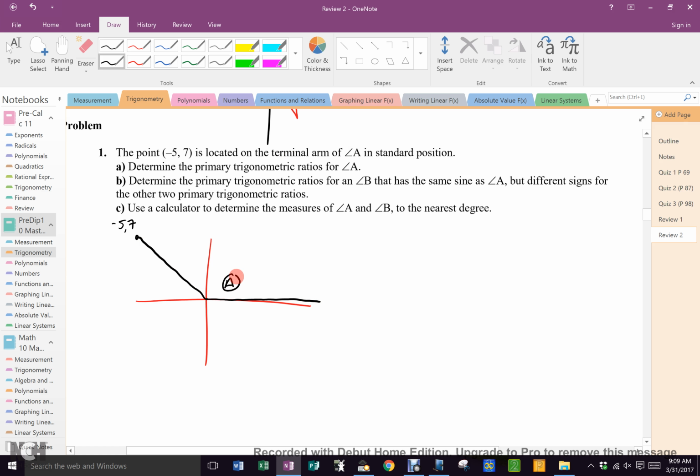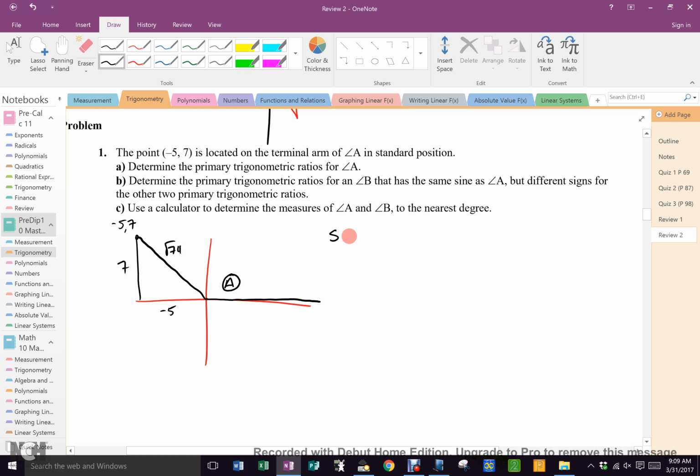This is angle A. What are the ratios for angle A? 25 and 49 is 74. Root 74, right? Root 74, -5, 7.